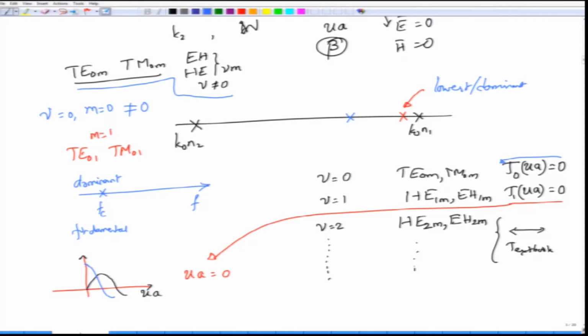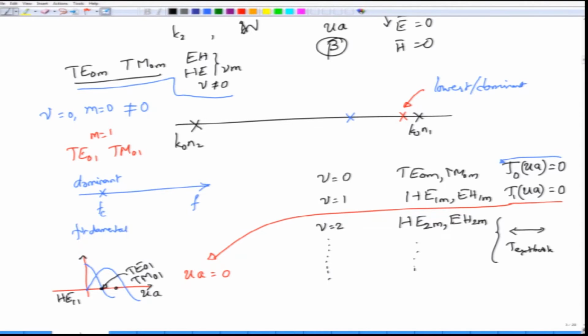So, that happens at the earliest for the HE11 mode, whereas that happens at a later stage here for TE01 and for TM01 modes, right. So, for TE01 and TM01 modes, the cutoff condition is that their corresponding value of the parameter UA must exceed this point. So it is this one. Okay.